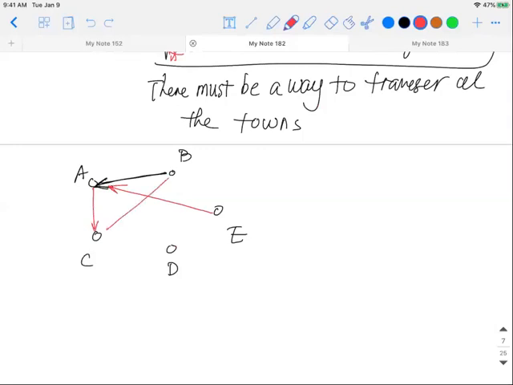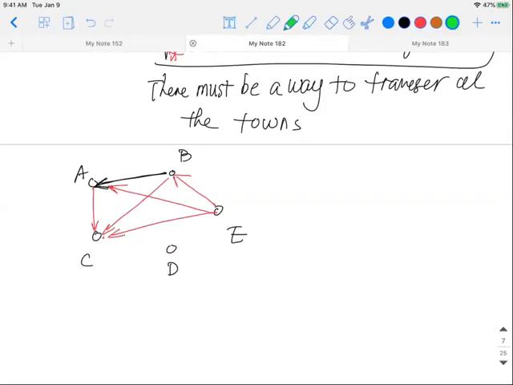I want B pointing to C. Okay, so C to E. If I let C go to E, and then E go to B, my work is done, right? So I'm not going to let it happen. I'm going to let E go to C. Okay, I just want to make your life difficult.